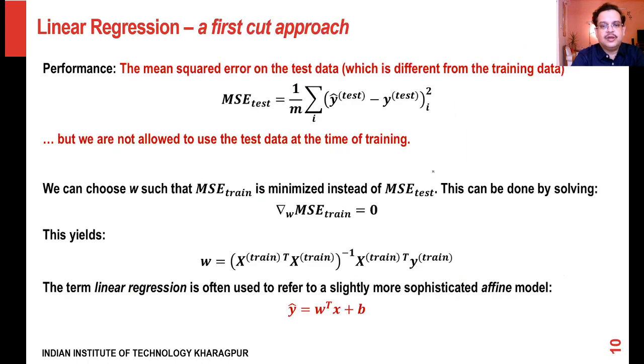So therefore what we want to do is to minimize the test error, but because at the training phase we are not allowed to use the test data, at the training phase we try to minimize the training error.